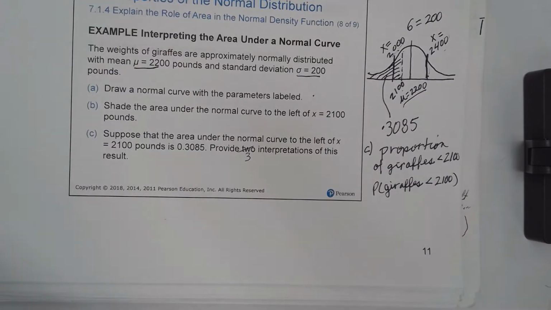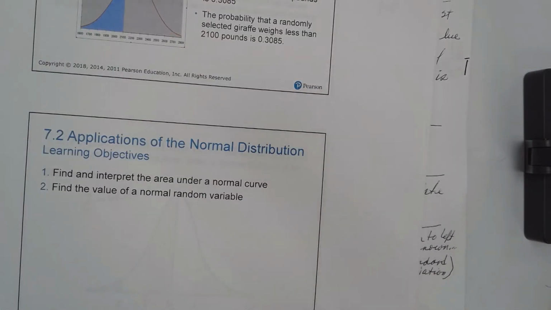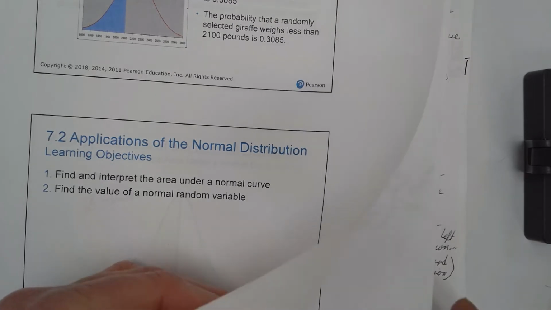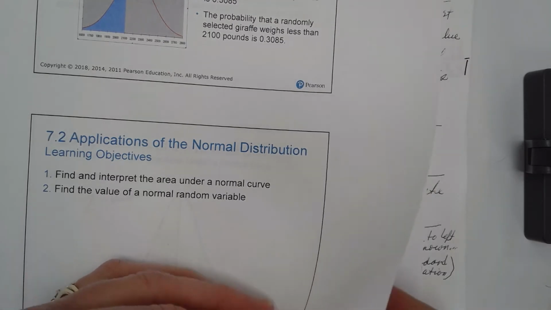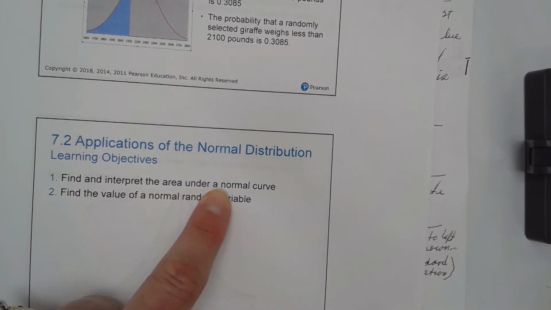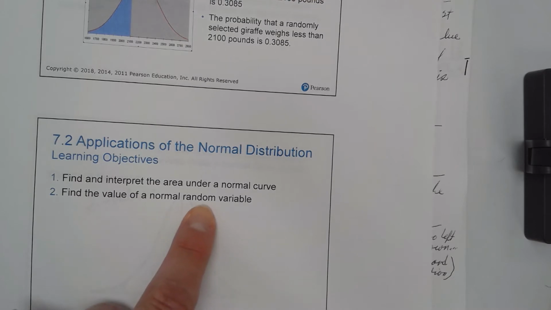And we have a couple different ways to find that. Okay, so first we're going to look at finding and interpreting the area under a normal curve. Okay, and then finding the value of the cut point, which is the normal random variable.